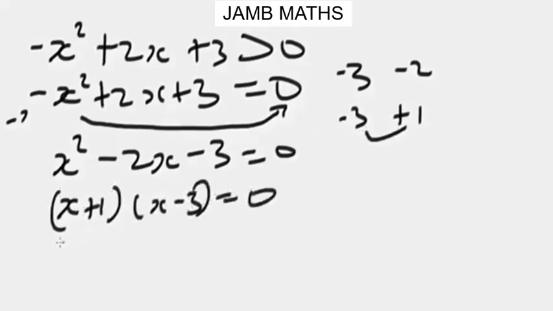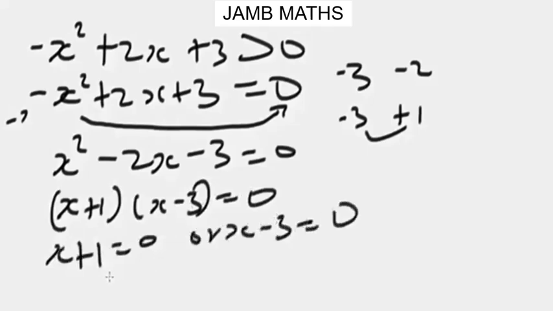So x is going to have two values. We're going to have x plus 1 equals 0 or x minus 3 equals 0. Therefore, x will be negative 1 or x will be 3.